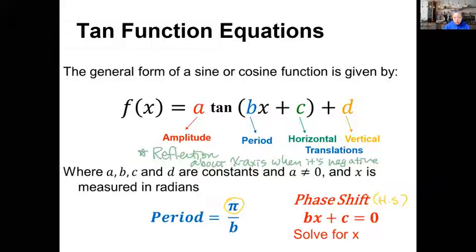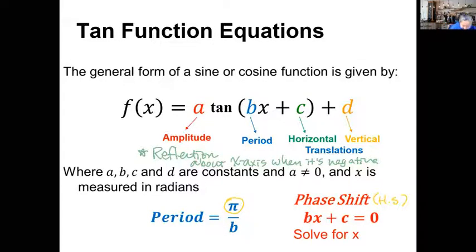You might remember how we verify the horizontal reflection and vertical reflection. It's the same manner. The horizontal reflection is when you verify the b value being negative, and the a value being negative means it's reflected over the x-axis.